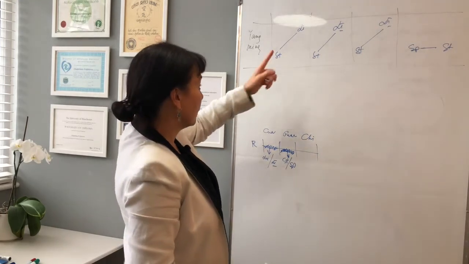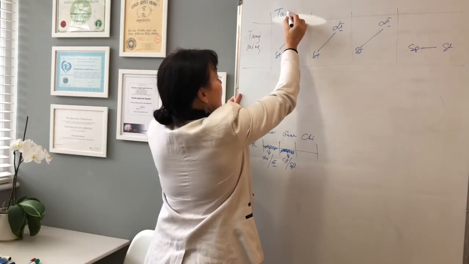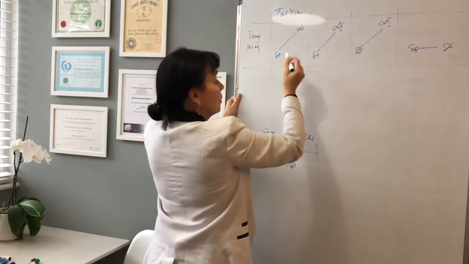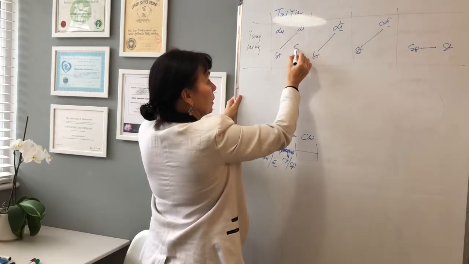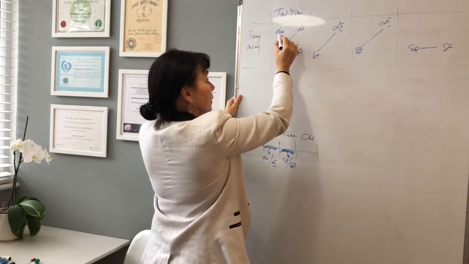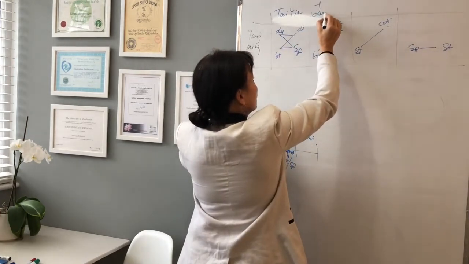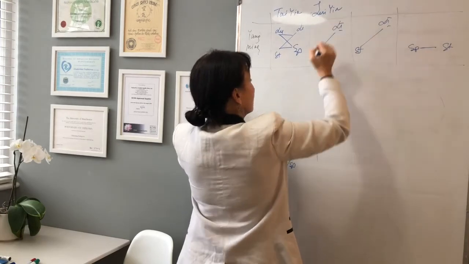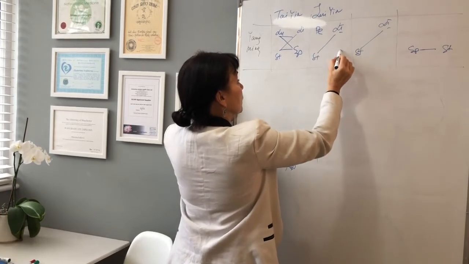And it can be either Tai Yin Yang Ming. What is Tai Yin? It's lung and spleen. Or it's Jue Yin Yang Ming. What is Jue Yin? Pericardium and liver.